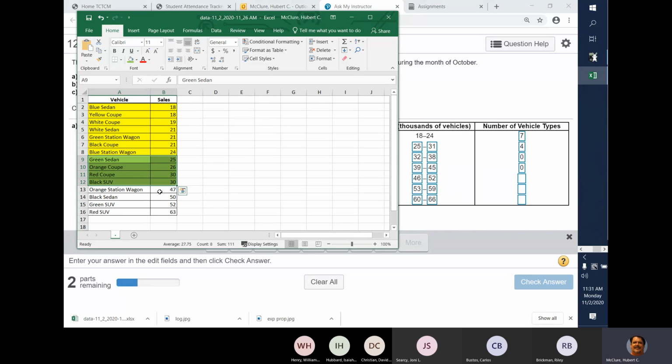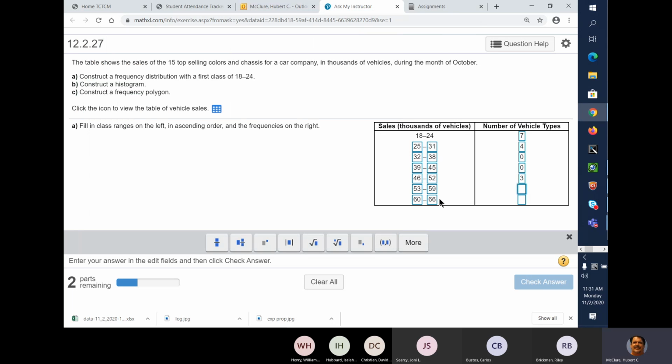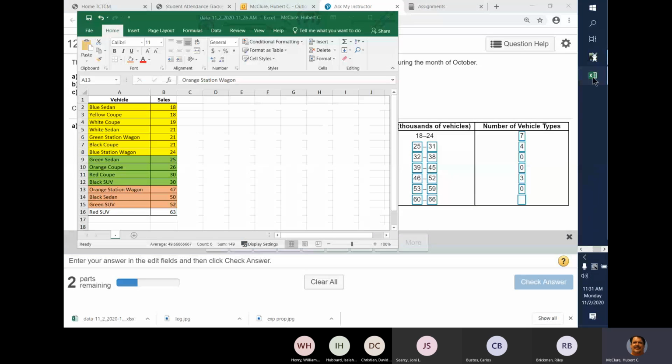Next. 46 to 52. 3 types. Next, 53 to 59. None. And next, 1.